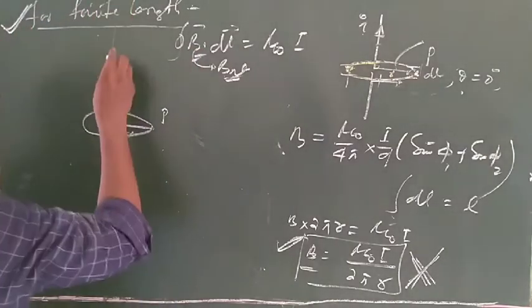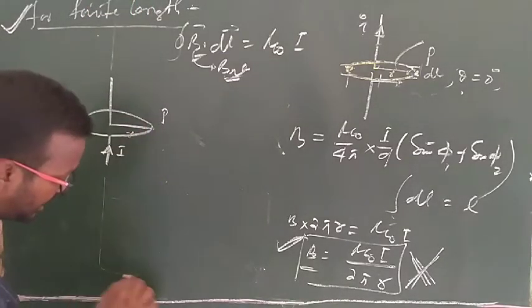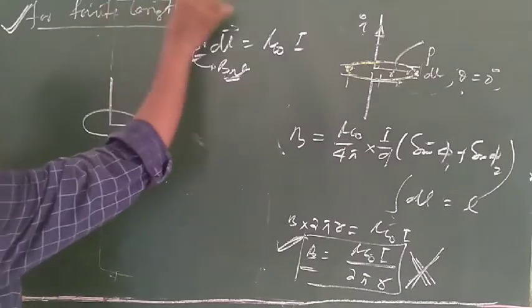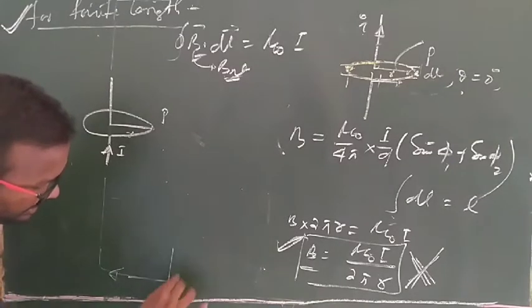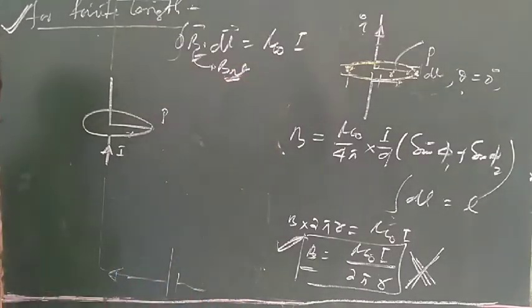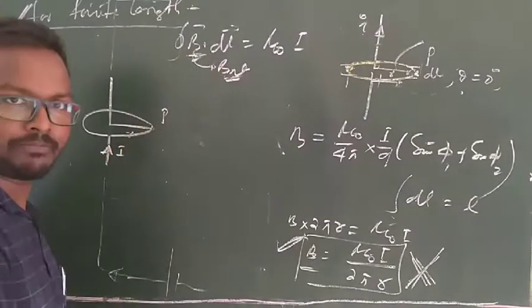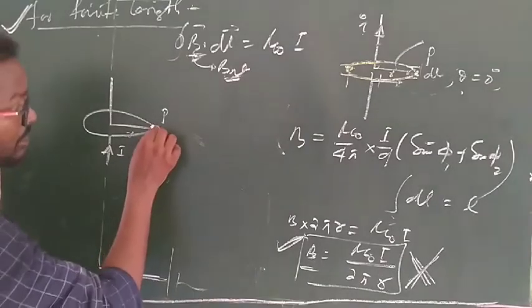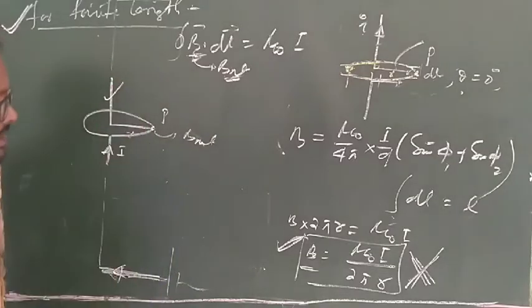For infinite length, suppose this is the direction of current, and this is also the direction of current in this way, and there is one battery. Due to this current element, this is the magnetic field, and B is the B net due to the current elements.